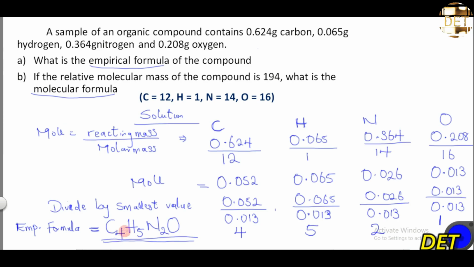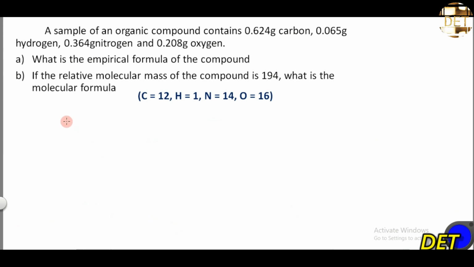C4H5N2O, right? Open bracket, close bracket, N is equal to the relative molecular mass of the compound, which is 194.